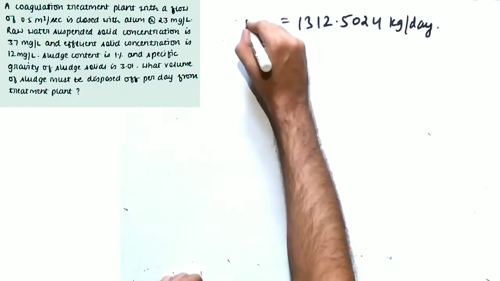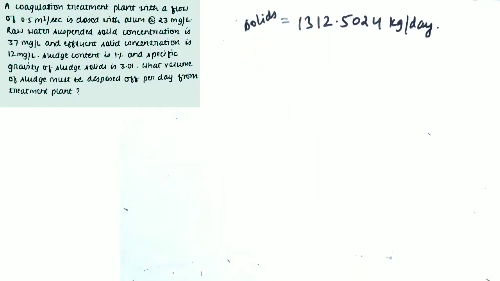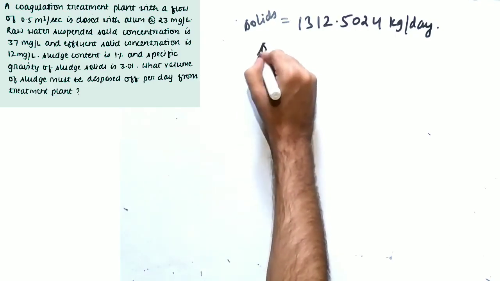This is the solids. But first of all we need to find the value of sludge in kilogram per day or meter cube per day. Basically the question is asking for meter cube per day. Kilogram per day we will convert into meter cube per day.